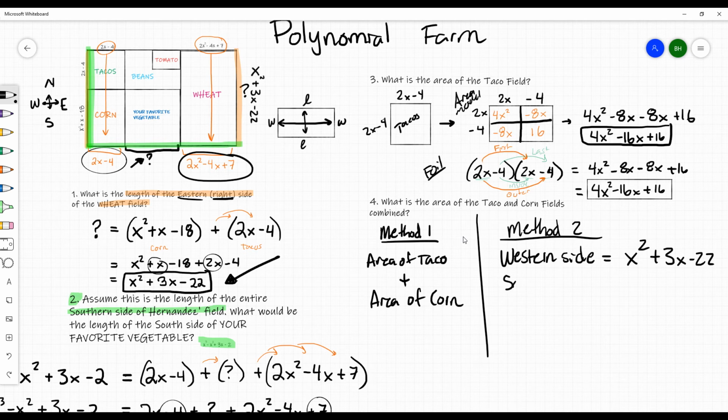And then we know the southern side of this. We already found that here because it's the same as the northern side. So you can use either of those names, northern or southern, but we already know what that is, 2x minus 4. And then we can just multiply those two values together because that would give us the entire area of both fields combined. So for this, I'm going to do just the area model.